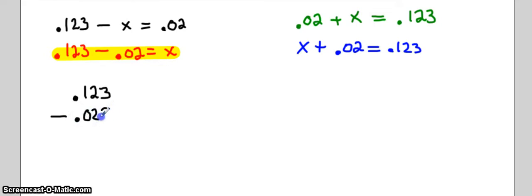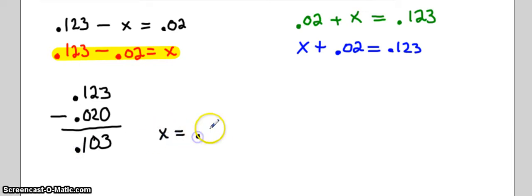We're going to go ahead and add in the extra 0 to fill in the placeholder. Okay, subtract. So 3 minus 0 is 3. 2 minus 2 is 0. 1 minus 0 is 1. Bring down our decimal.